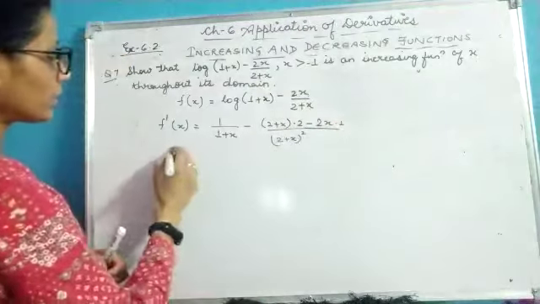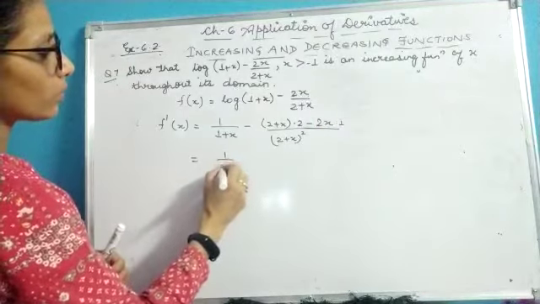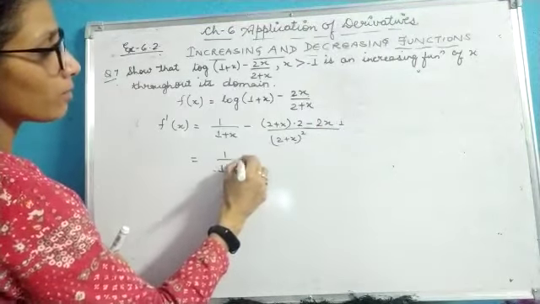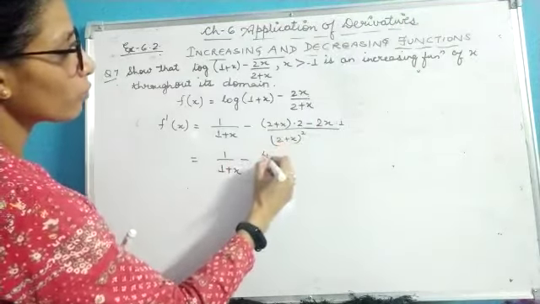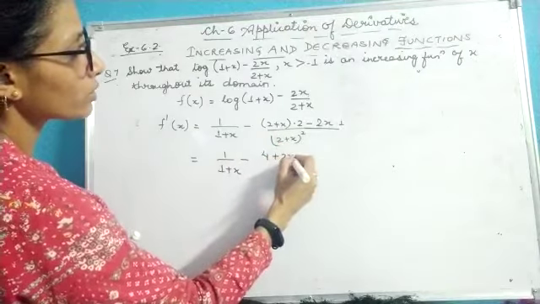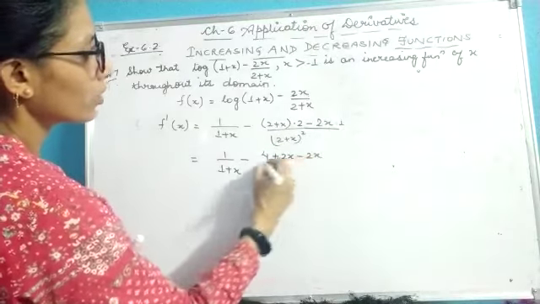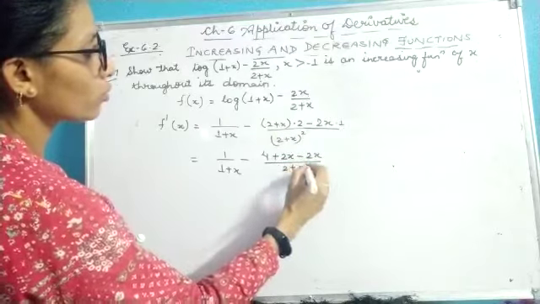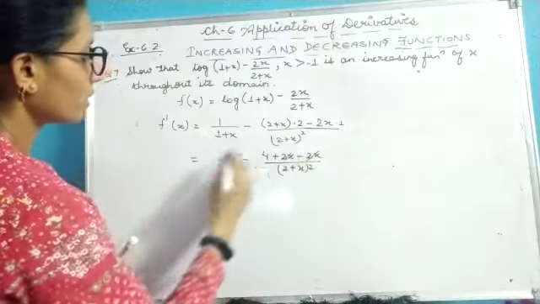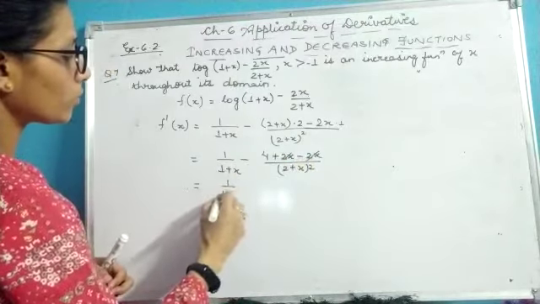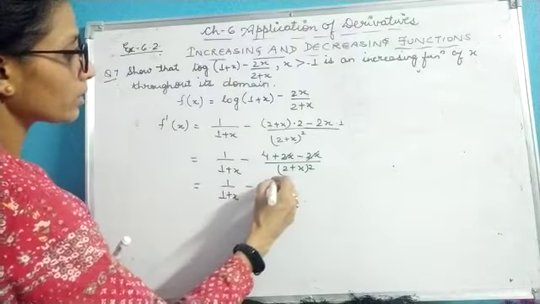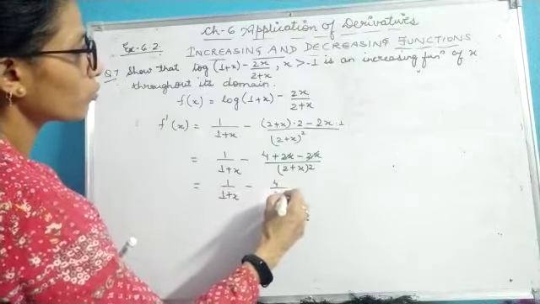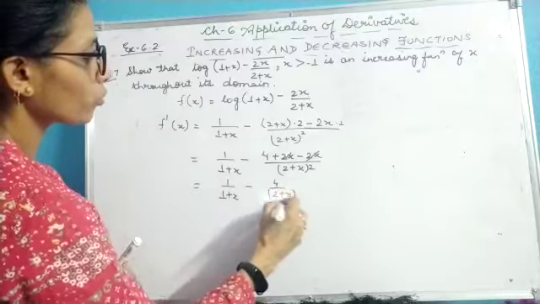So I am getting it here as 1 upon 1 plus x minus 4 plus 2x minus 2x whole upon 2 plus x whole square. So here I am getting it as 1 upon 1 plus x minus 4 upon 2 plus x whole square.